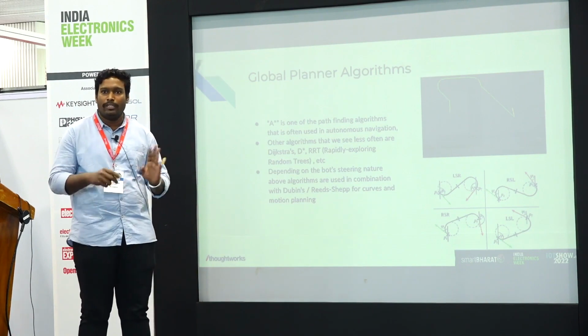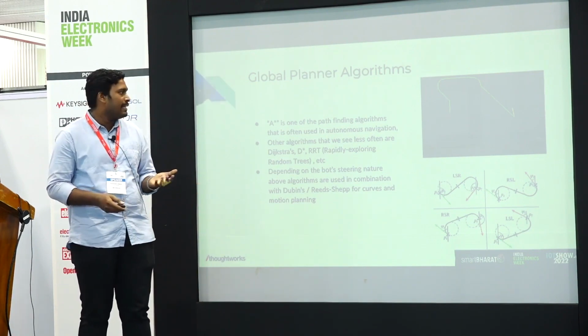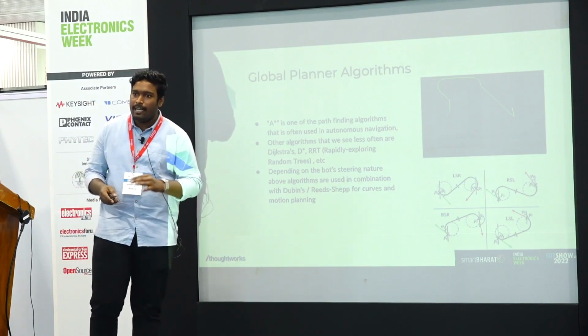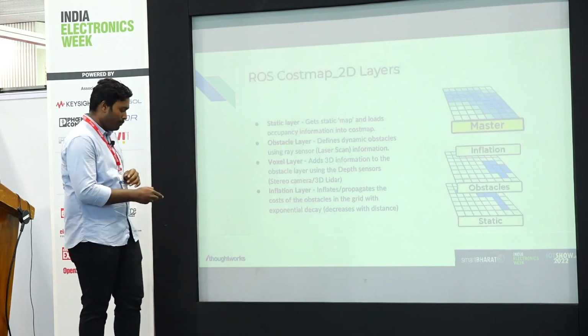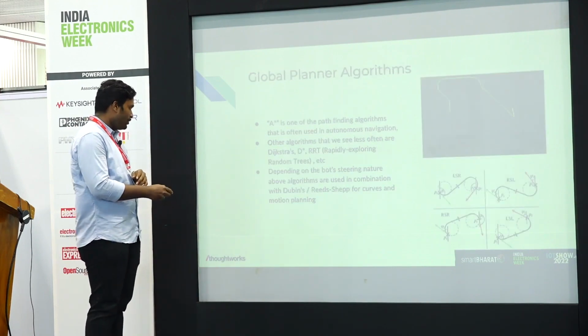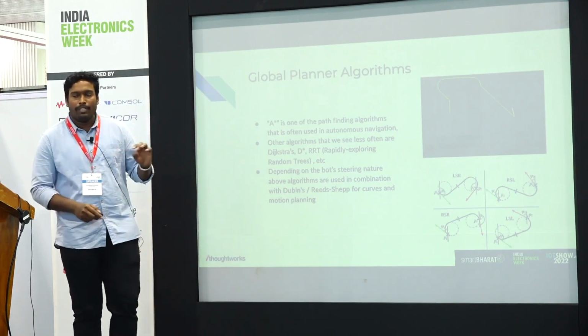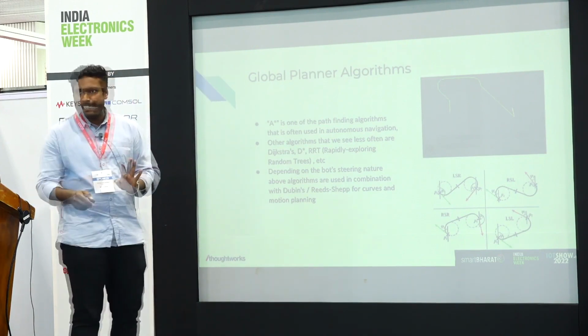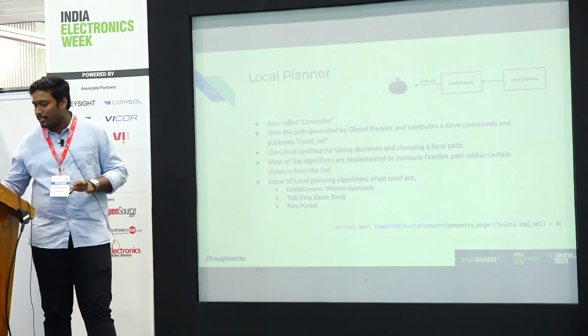Your car is going to have a different steering model, and other bots like differential drives and other vehicles have different steering models. So you can use Dubins or Reeds-Shepp motion planners for that, for different steering nature. You have many algorithms available there. You can actually explore that.